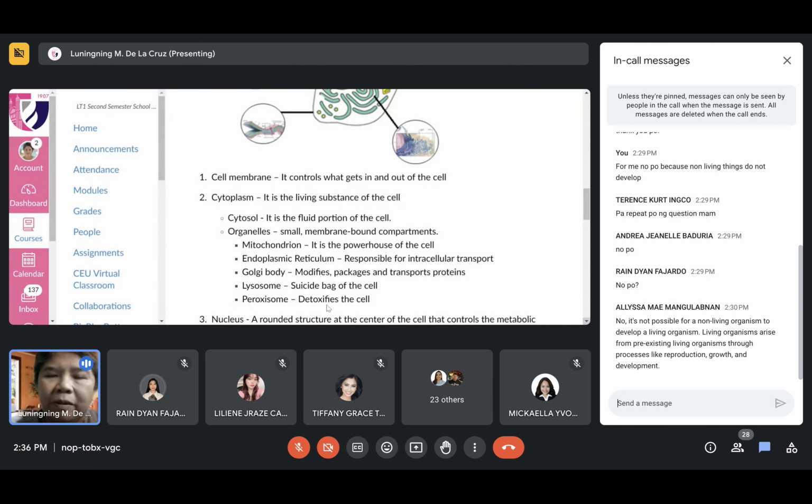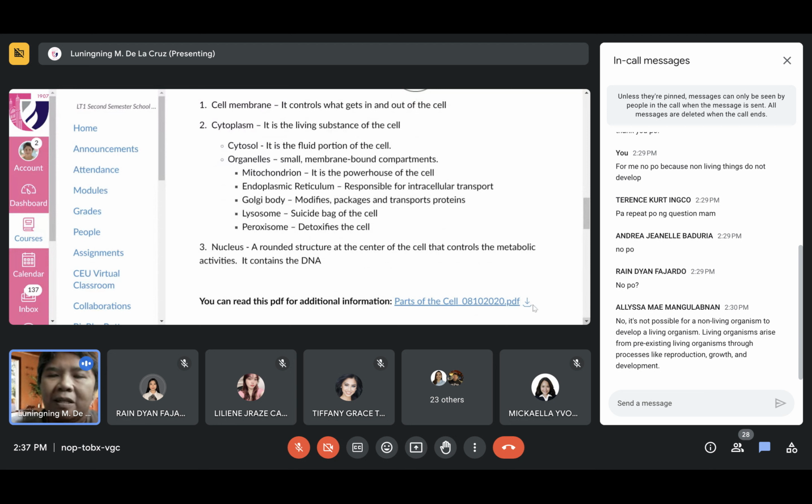The peroxisome detoxifies the cell. Then, the third major part of a eukaryotic cell is the nucleus. It is a rounded structure at the center of the cell that controls the metabolic activities. It contains the DNA. Okay?